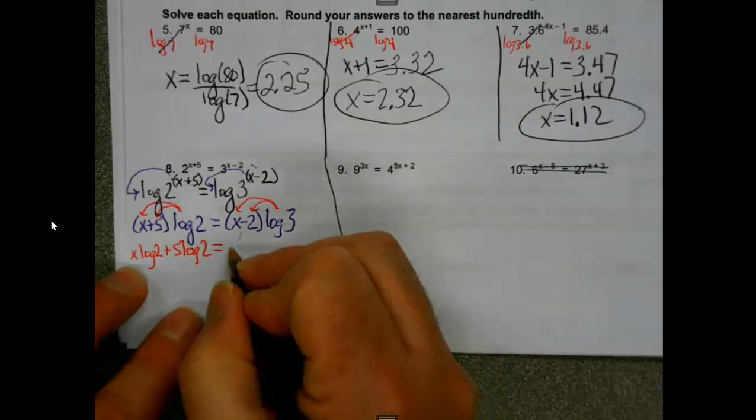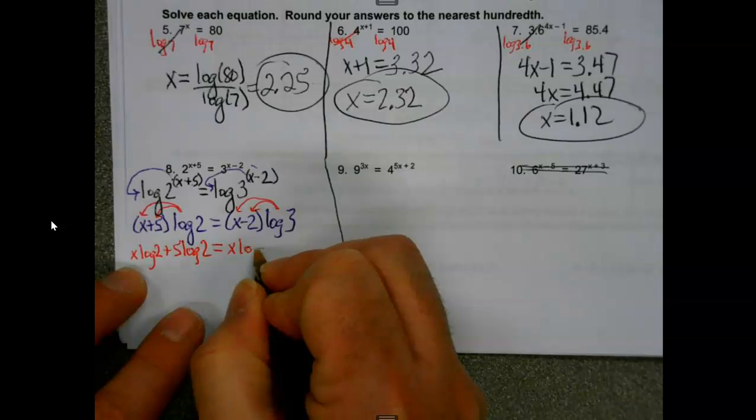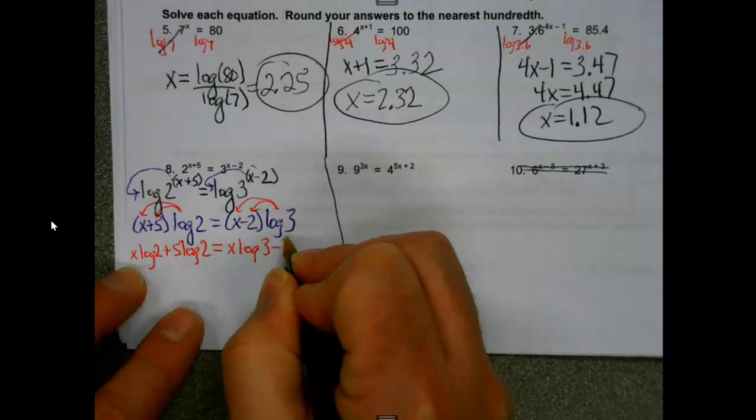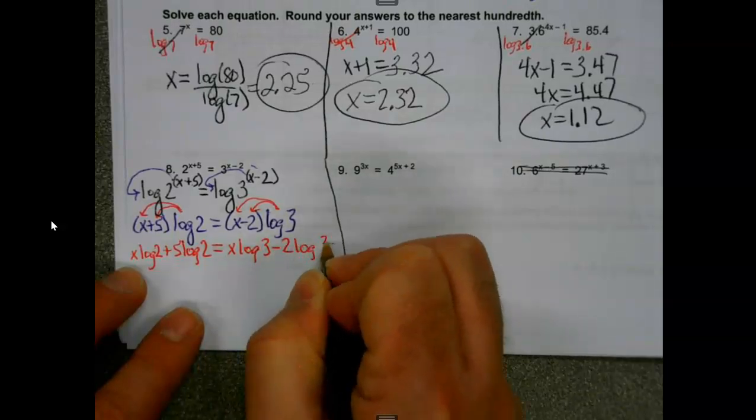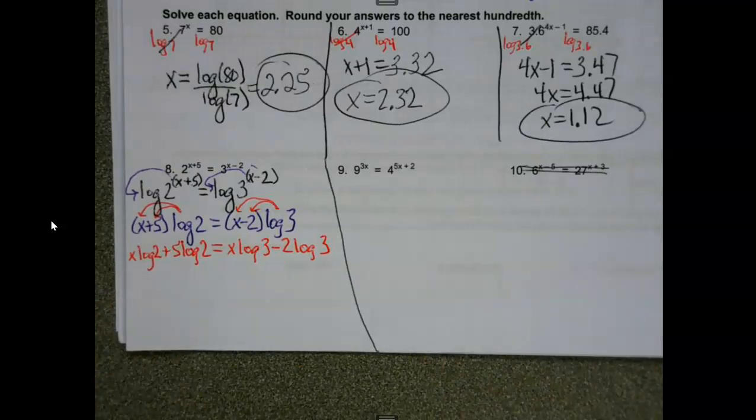Literal distributing equals x log of 3 minus 2 log of 3. Change colors again here. She's like, okay, again, how are we making progress? Well, remember, we're trying to solve for x.